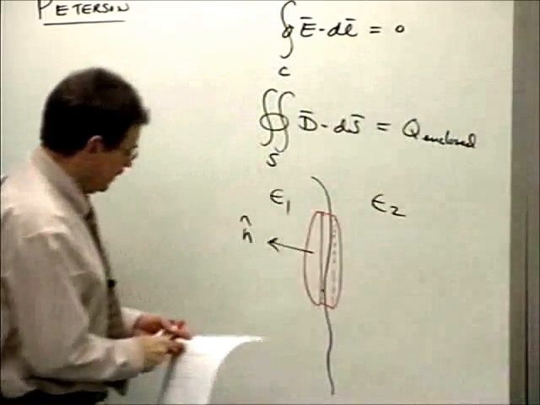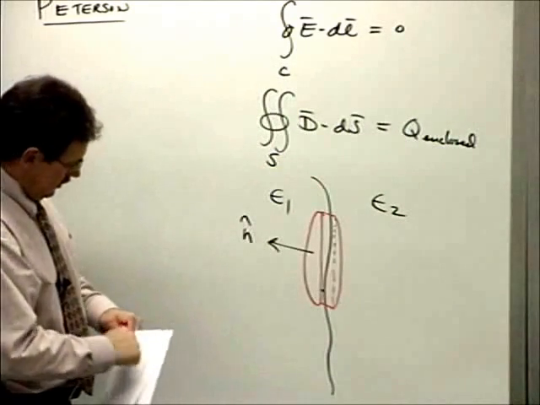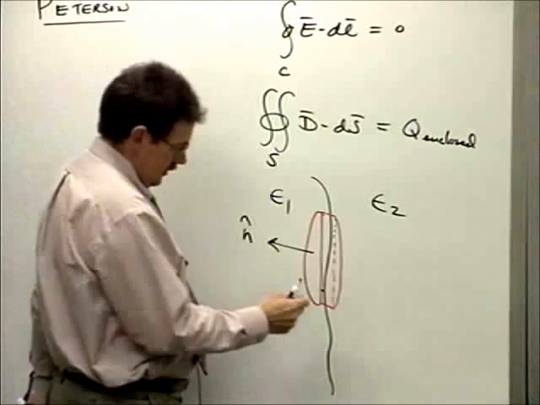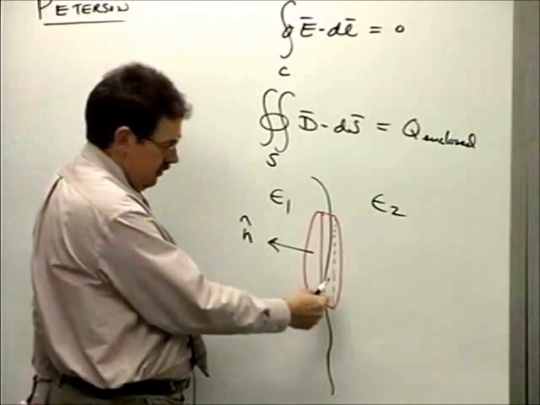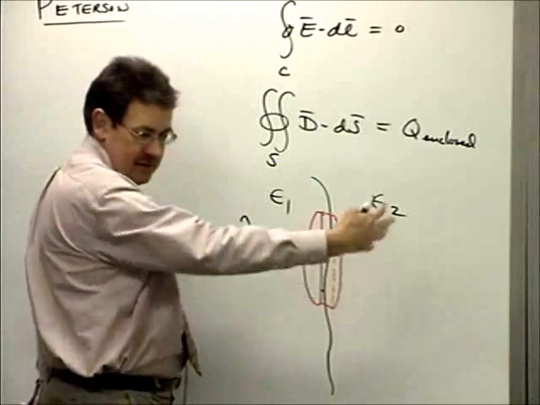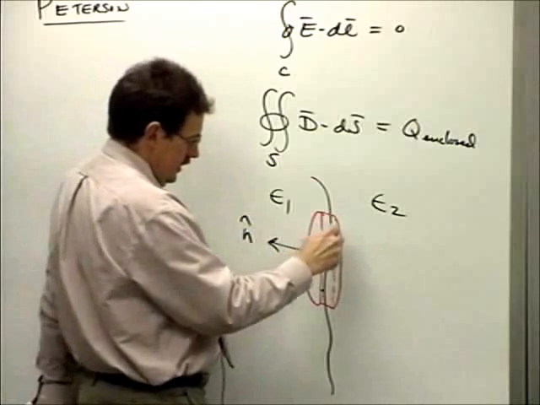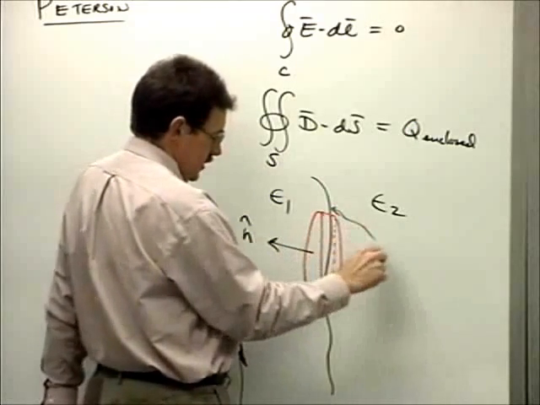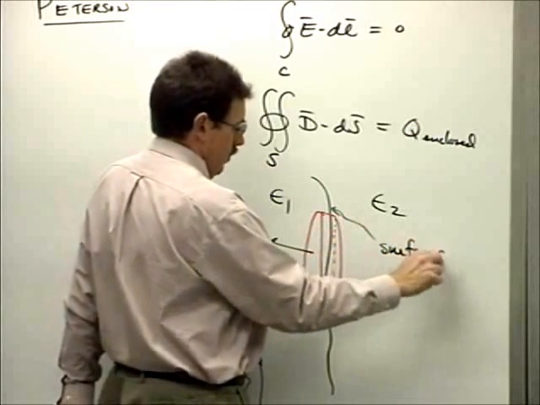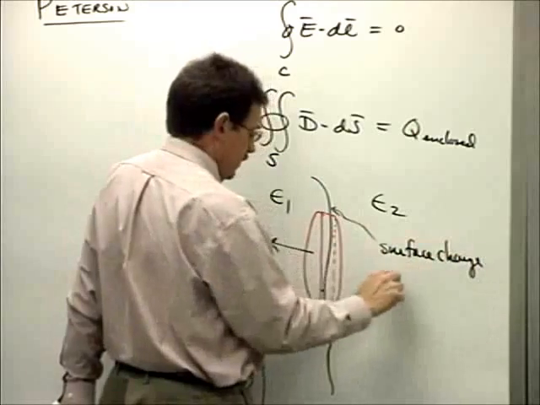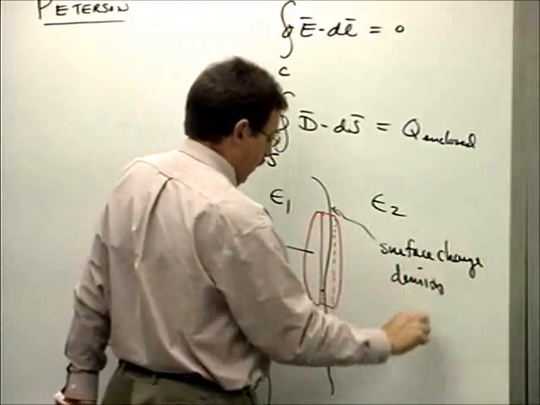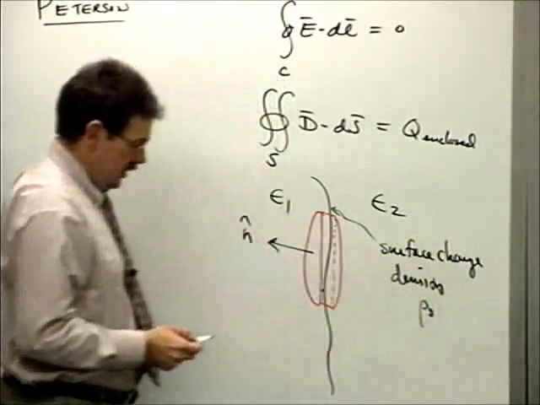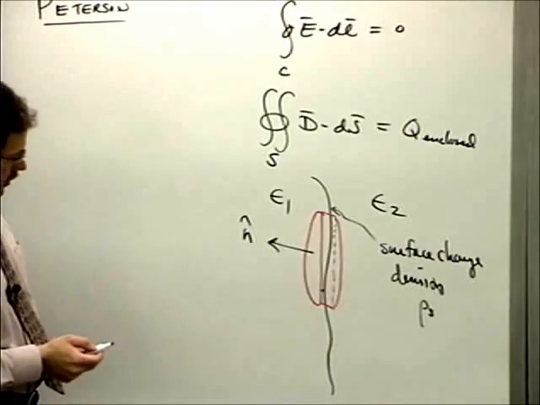And we'll assume that there's some charge on this interface, and we're going to let the can shrink down, so any volume charge is going to get left outside the can eventually, but there might be a layer of surface charge density on this interface. Call that rho sub s.